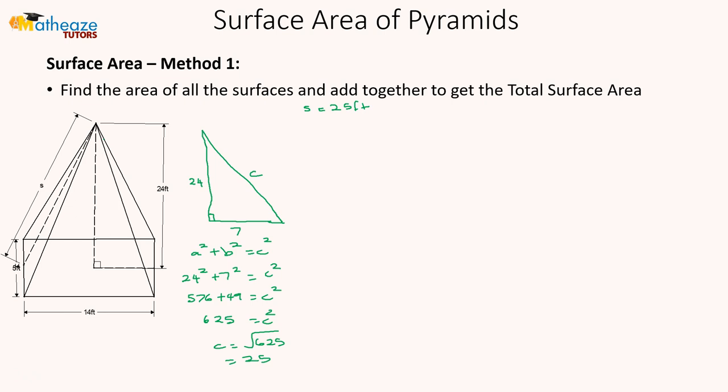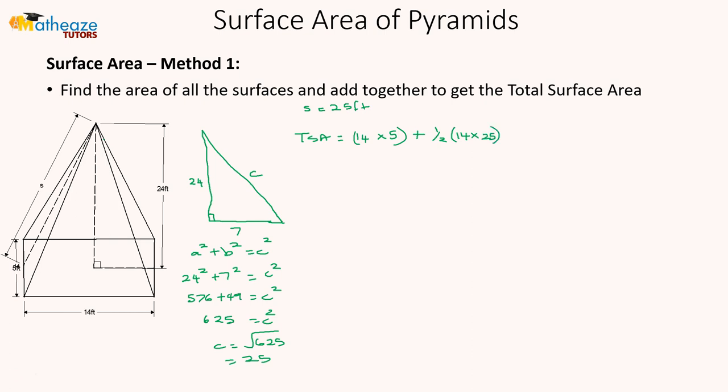So now we're going to look for the area of each of these surfaces. Let's start with the base. The base is a rectangle. So we have, let's look at total surface area. We have 14 times 5. Okay, now let's look at this side right here, this one facing us right here. We have 14, so it's half base times height, is half of 14 times 25.